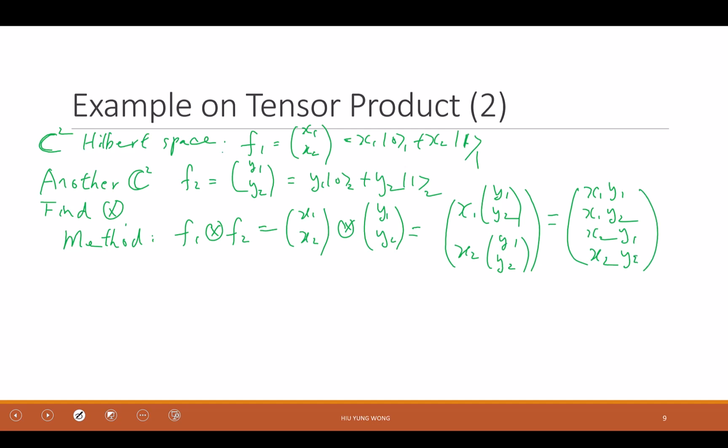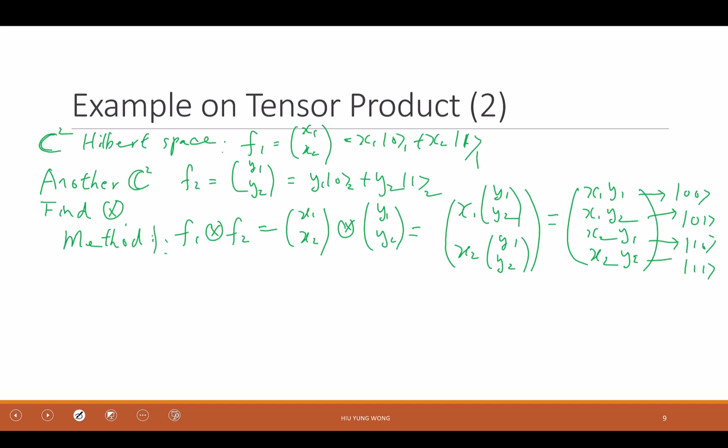Do you agree? And each of these refers to what? 0 0, 0 1, 1 0, and 1 1. Okay, make sense?